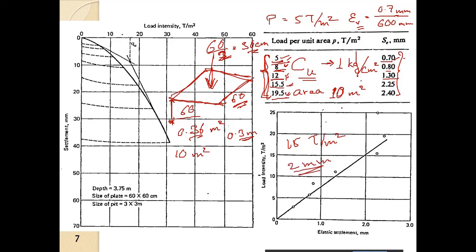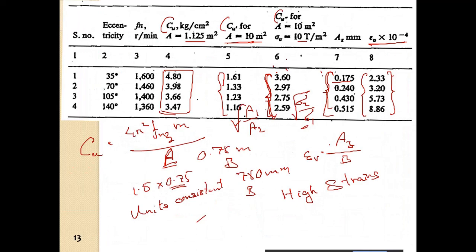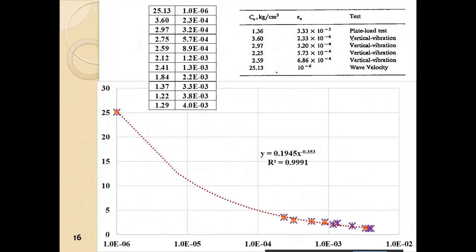Cu was obtained and corrected for area and stress. I obtained it for the other values as well and plotted it with the values given in the book, and it correlates well. So this is what I have plotted, and this is from the book.